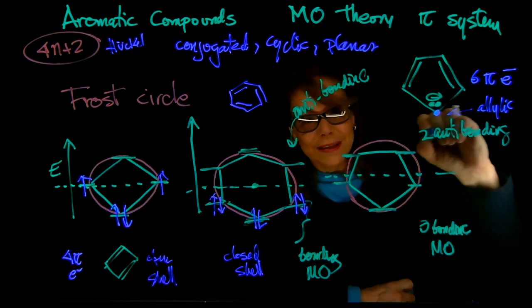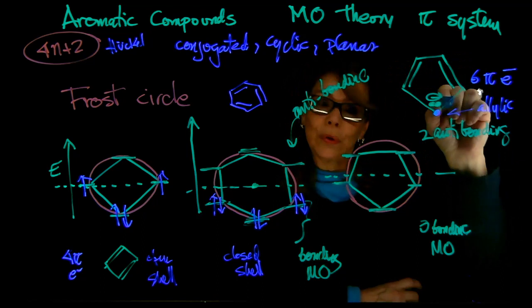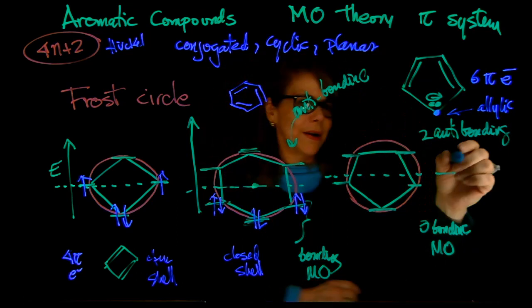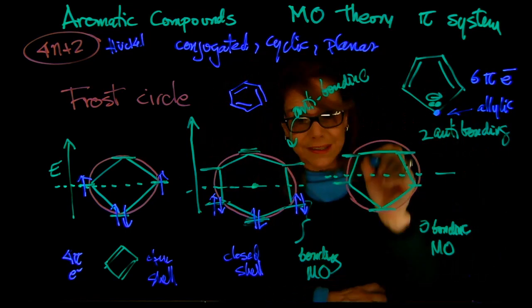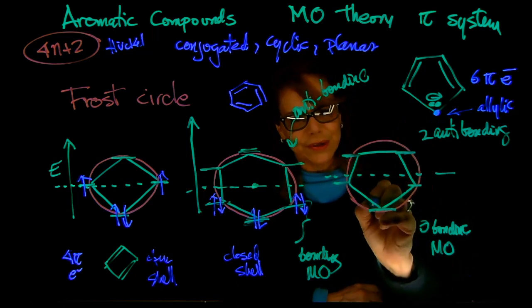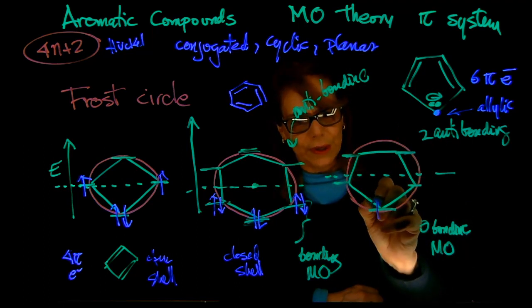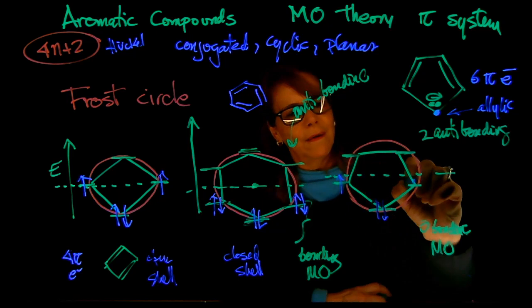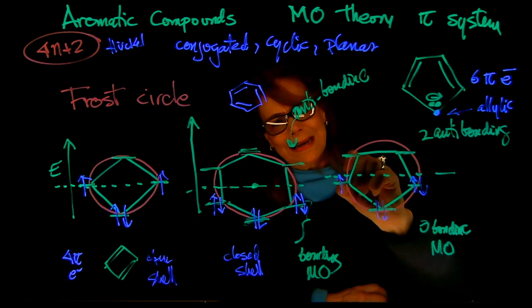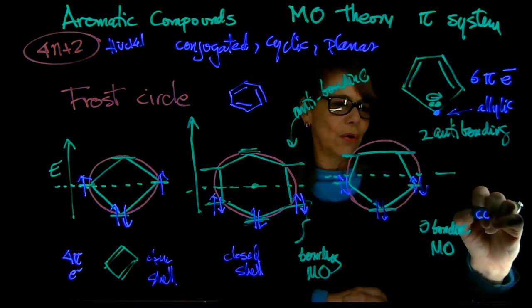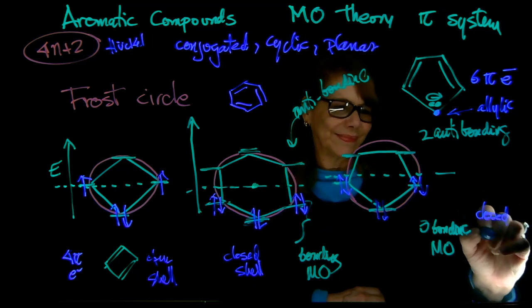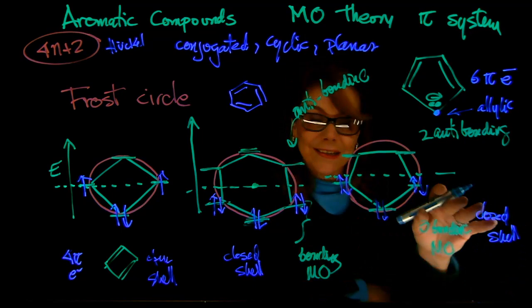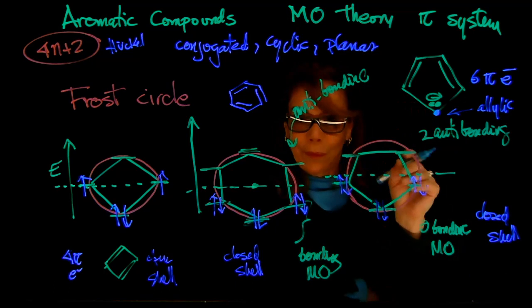So everything is sp2 hybridized, so it's fully conjugated, and it's cyclic and planar. We are going to place now the 6 pi electrons here. At the lower energy level, put these 2, and then 4, 5, and 6. So it is also a closed shell configuration, and so that is stable. So this anion is aromatic.